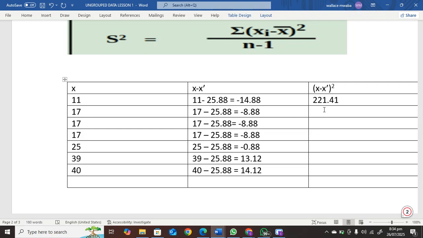Sorry, you are breaking there. You said 78.85, right? So even here, 78.85. Then 0.88 squared gets 0.77.